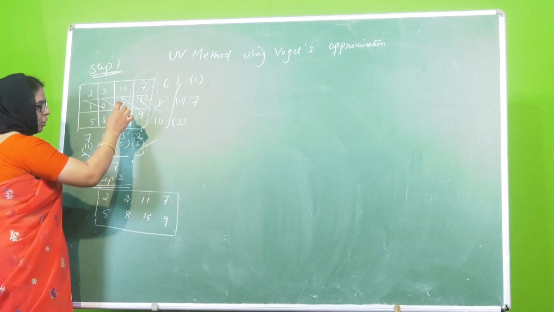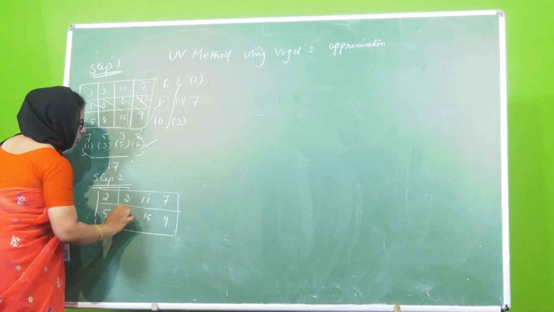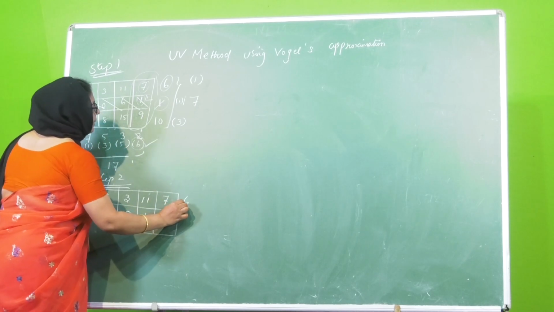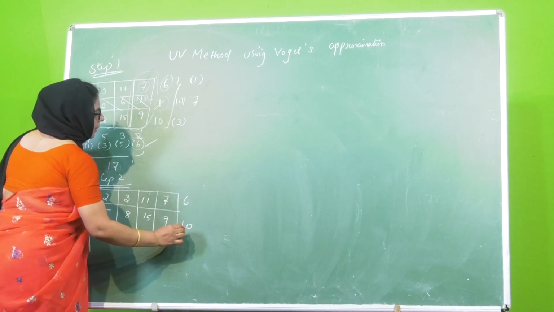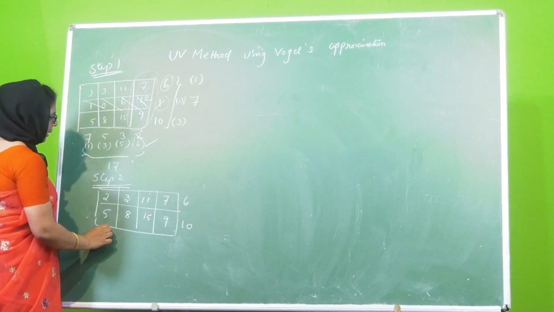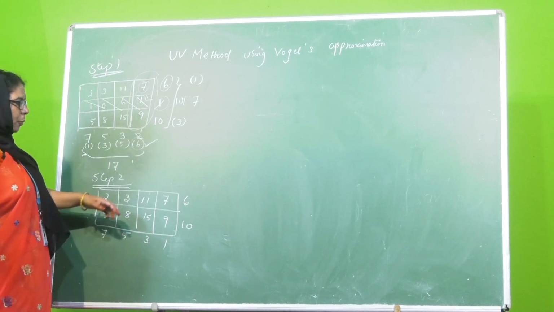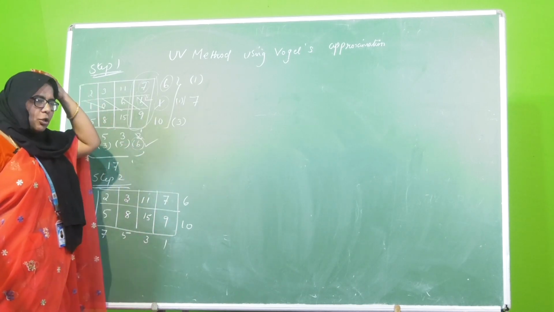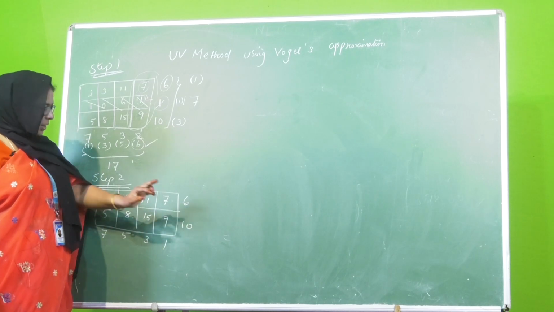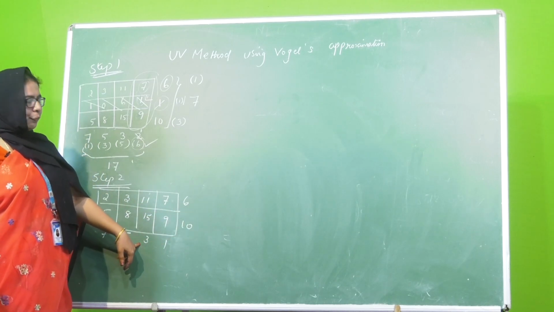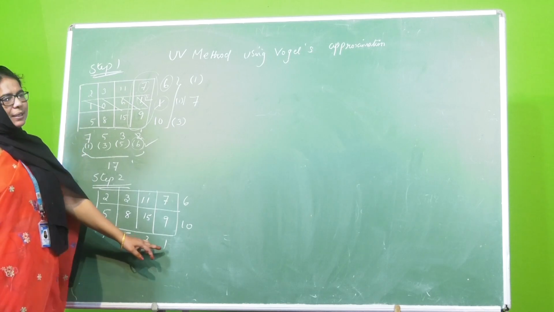Because the second row is vanished, the demand values are 6 and 10, and the supply values are 7, 5, 3, 1. You have to check whether the problem is balanced or unbalanced. 6 plus 10 is 16. 7 plus 5 is 12, 12 plus 3 is 15, 15 plus 1 is 16.